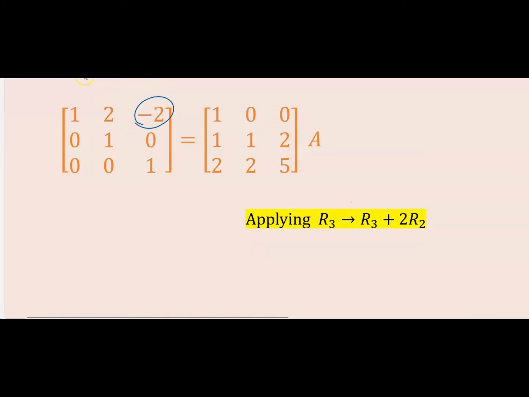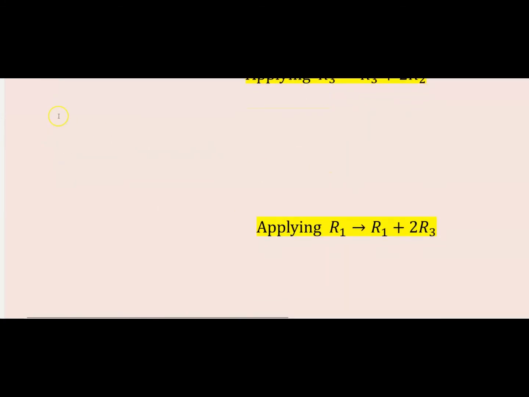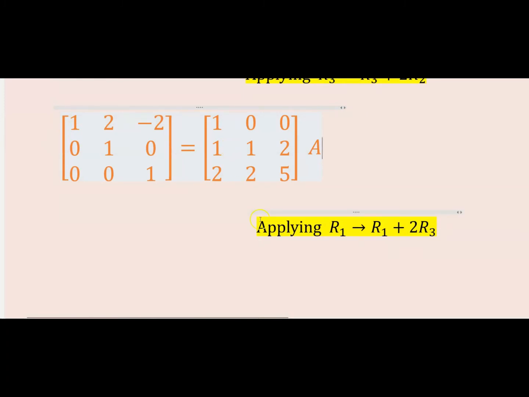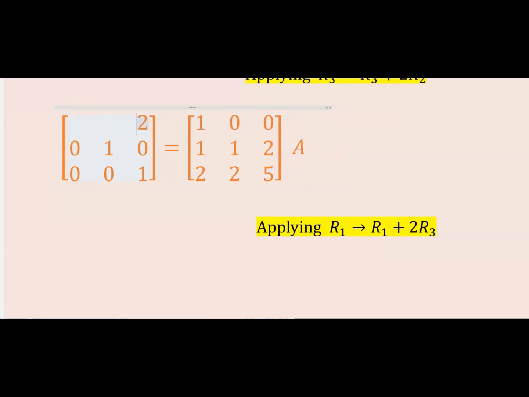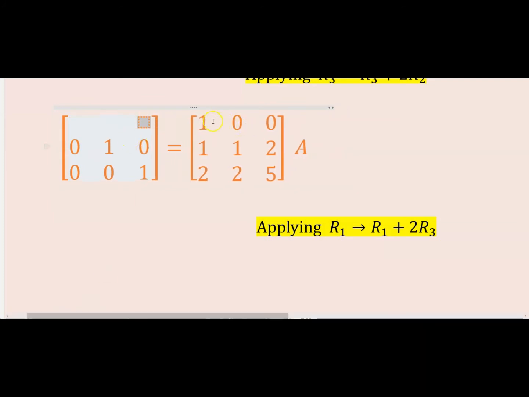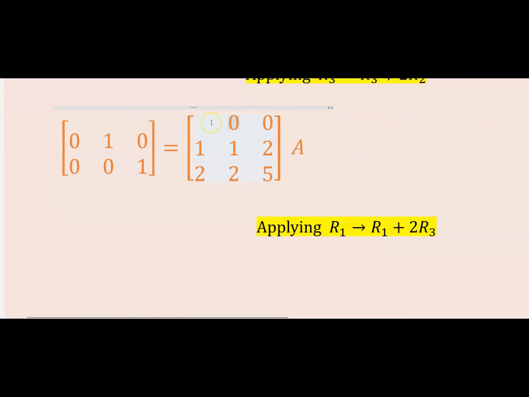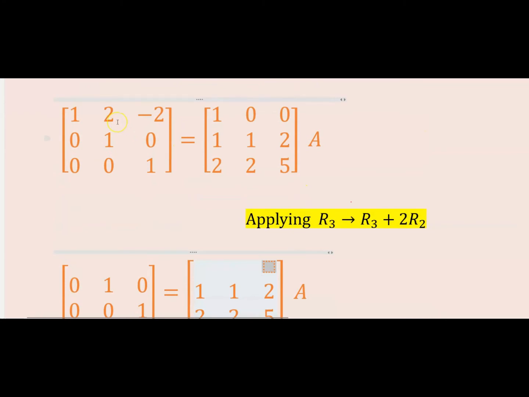So again, I am copying this matrix, and after that I will apply the operation. While I am applying the operation to R1, it means only the R1 entries will be changed on both sides, right? So the operation is R1 plus 2R3.